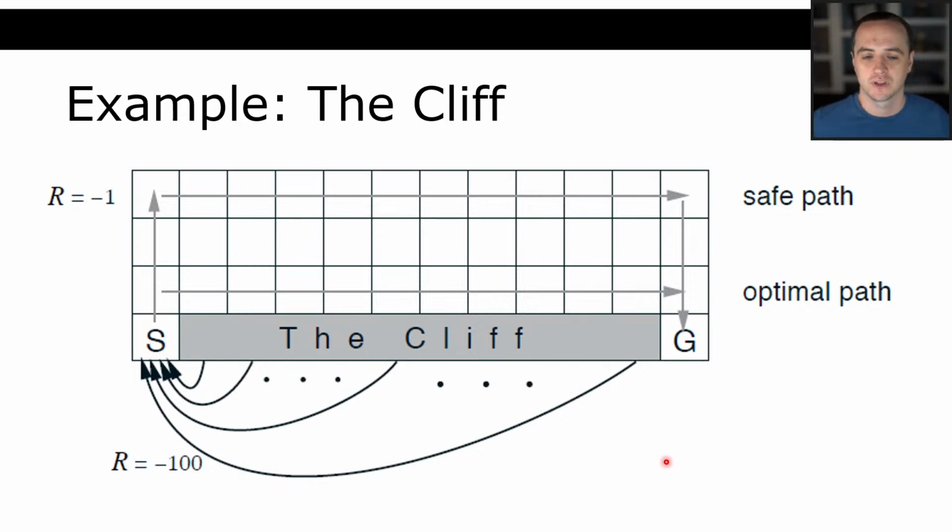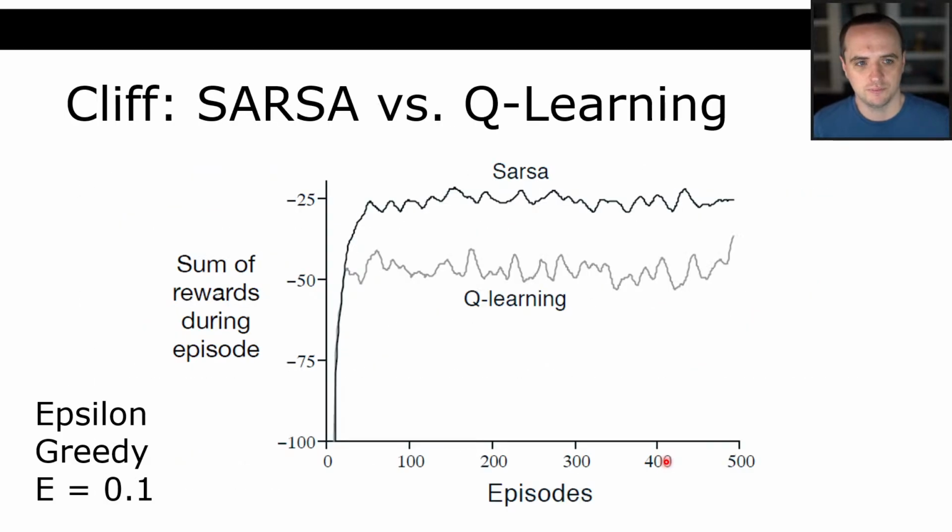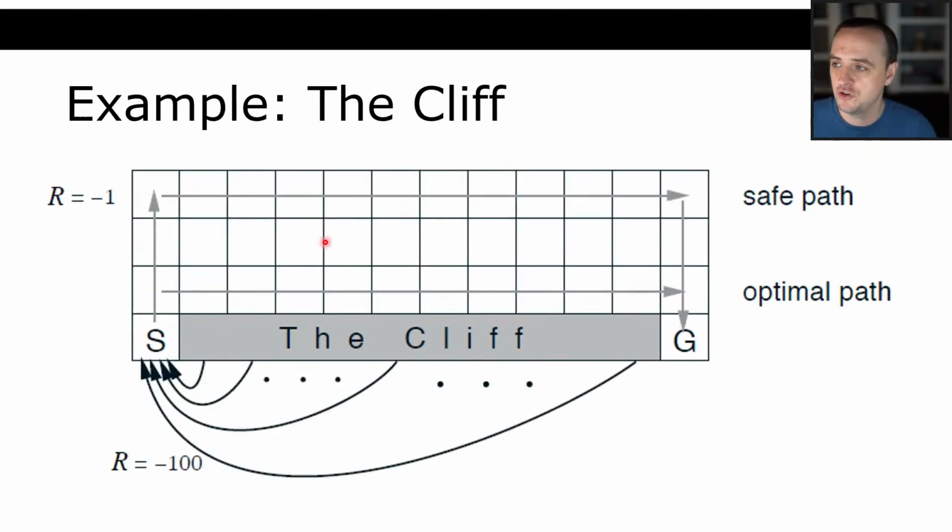So that is the cliff example. What's going on here? Well, if you are SARSA, what is happening is that as you are learning, you are updating the same policy that you use to explore.